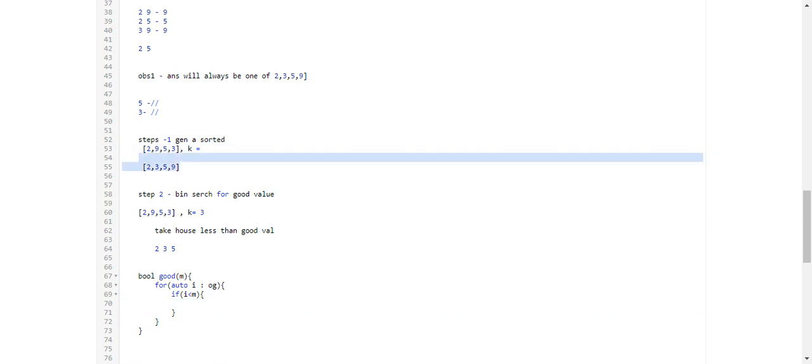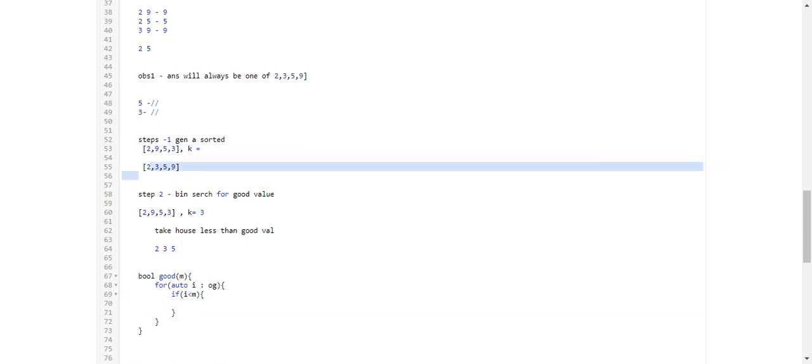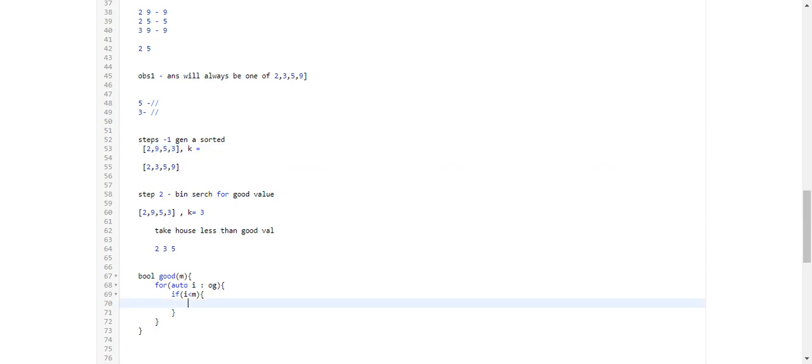It's not the sorted one. If you've taken 2, you cannot take 9. So whenever you take one, instead of just moving to the next index, move to the second next index: i plus equal to 2. Then you check the next one: can I pick it or not?